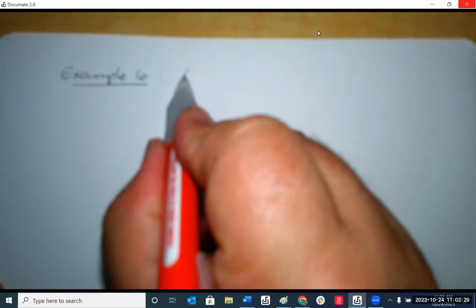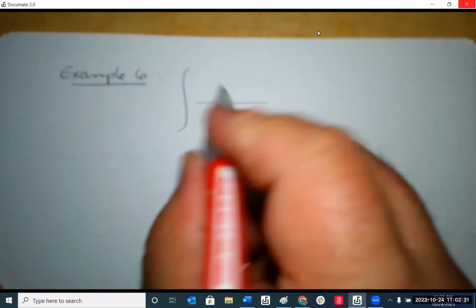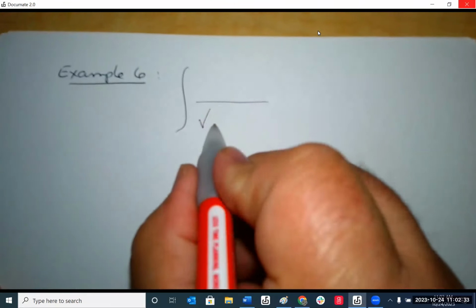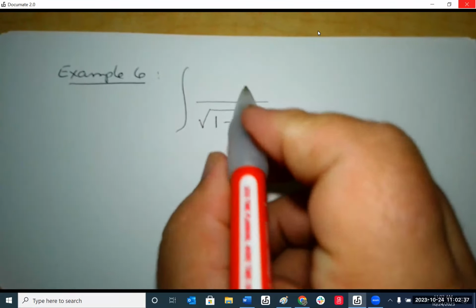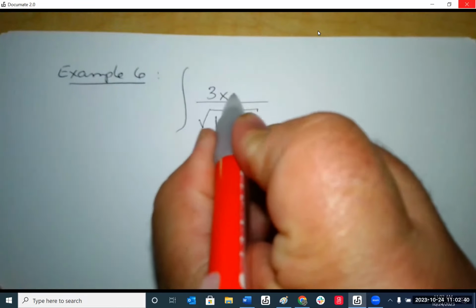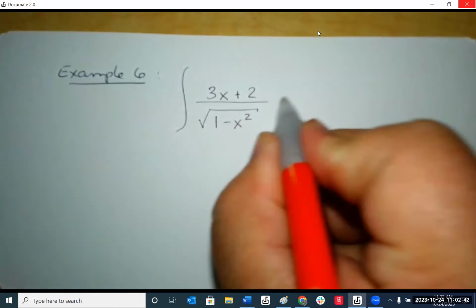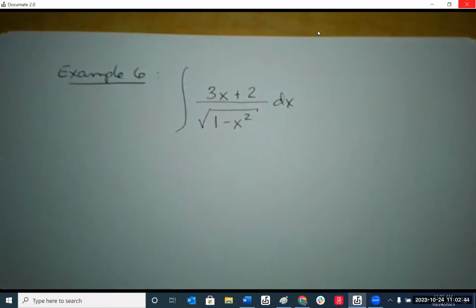Let's look at example 6. Evaluate the integral of 1 minus x squared over the square root of 3x plus 2 dx.